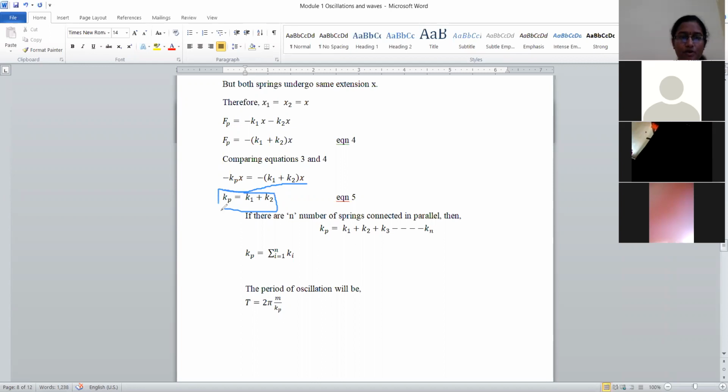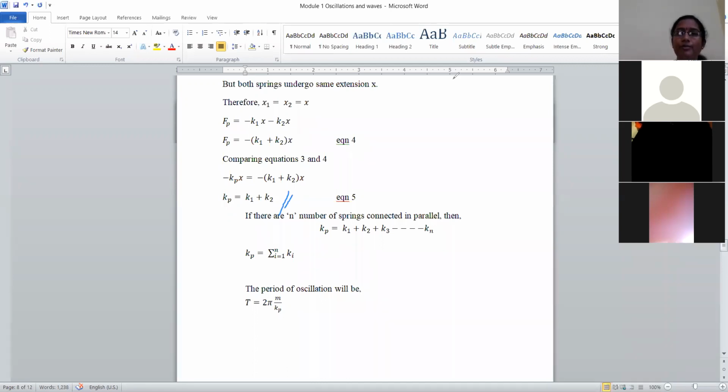So the force constant in parallel combination is equal to just the sum of the force constants of the individual springs. And this is equation 5, giving the information about the force constant of the springs in parallel combination. This is for when two springs are in parallel. So Kp is equal to K1 plus K2.